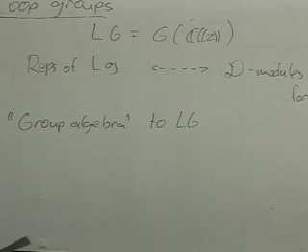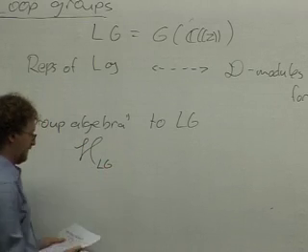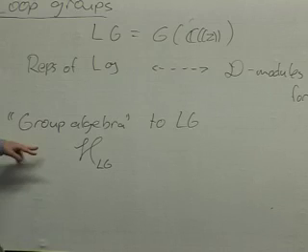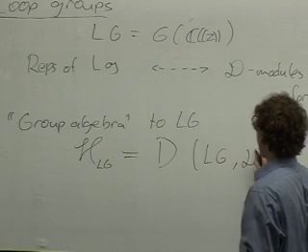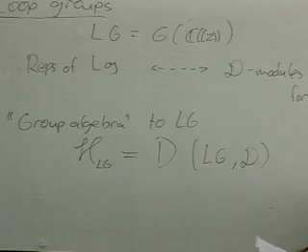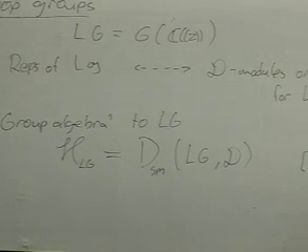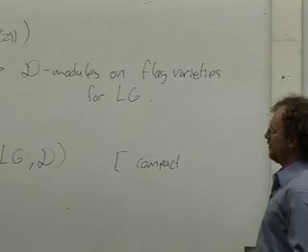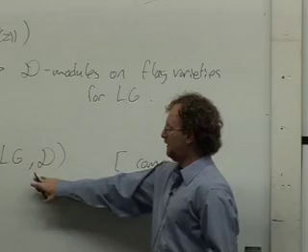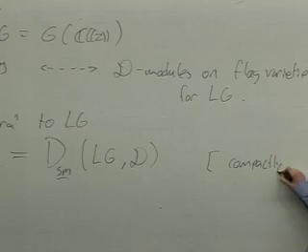This is a slightly scary object, but some version of the group algebra of the loop group should be some class of functions on the loop group. So this is going to be something like a category of D-modules on the loop group. And I need to put some kind of smoothness hypothesis, and this is going to be some analog of compactly supported functions. There's a notion of smooth functions on a p-adic group that I want to put in here. But in any case, this is something like compactly supported functions.